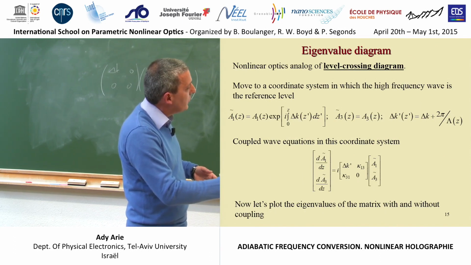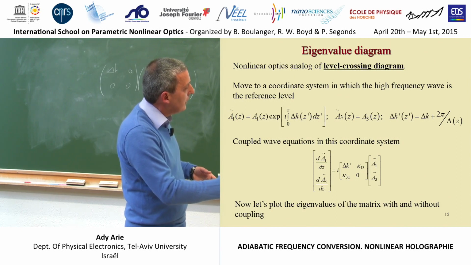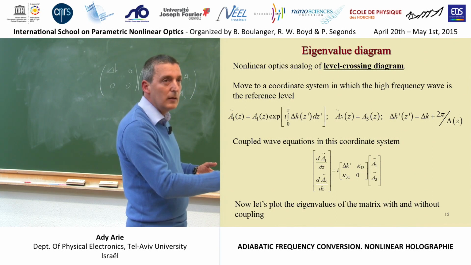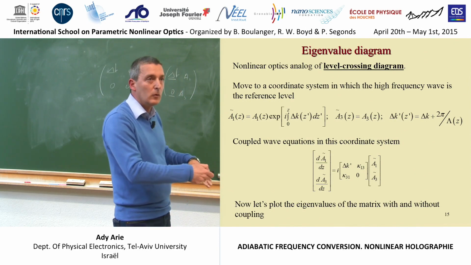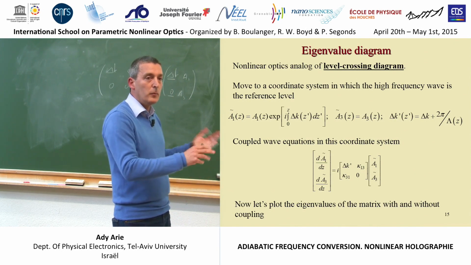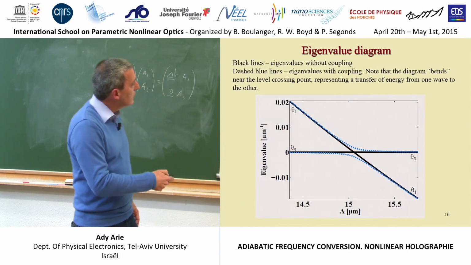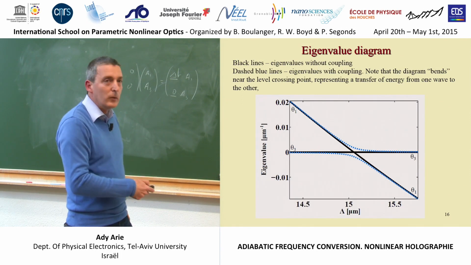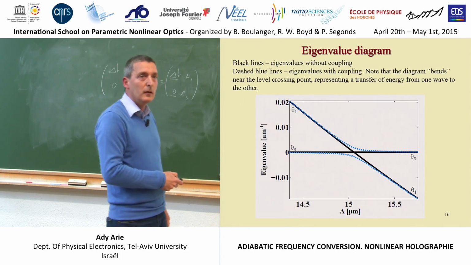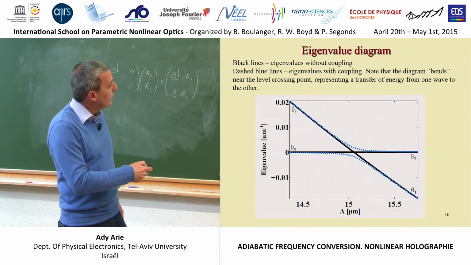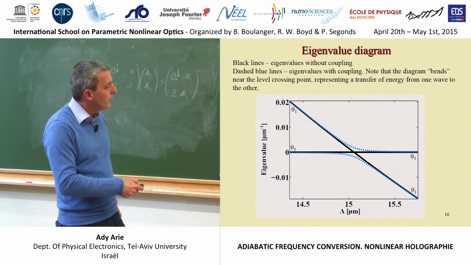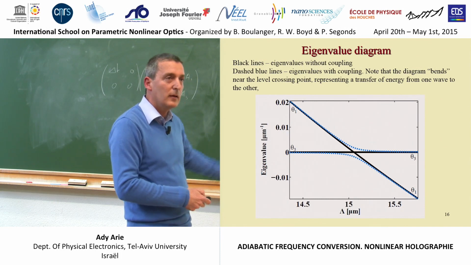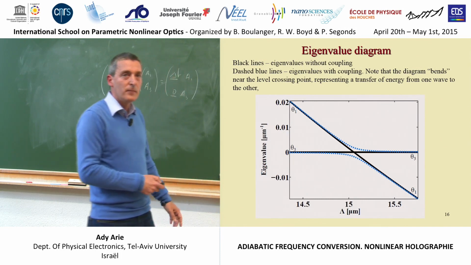At some point this would be exactly 0: the QPM k vector will cancel the delta k of the crystal. But if I'm a little bit less than that or more than that, then it will be positive or negative. The black lines are what we have when there's no coupling. And the blue lines are the same when there is coupling, when I take the actual values of K13 and K31.